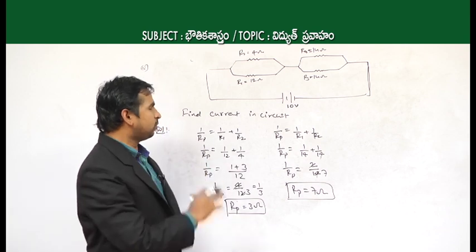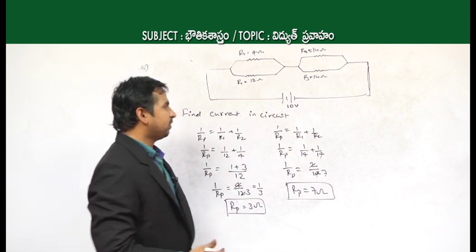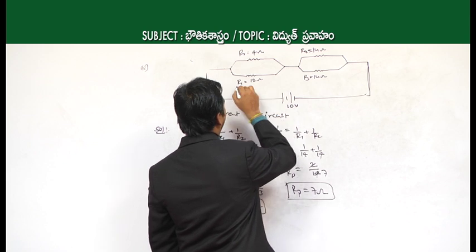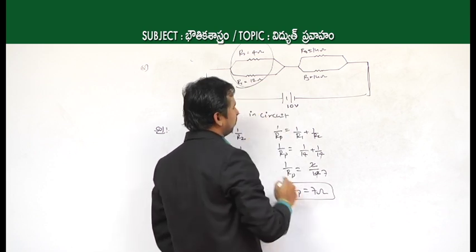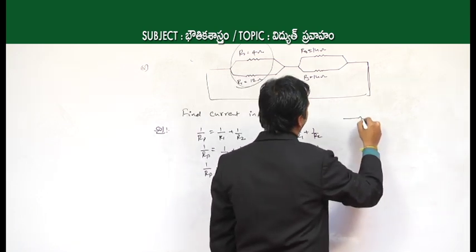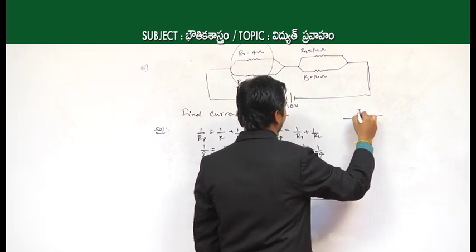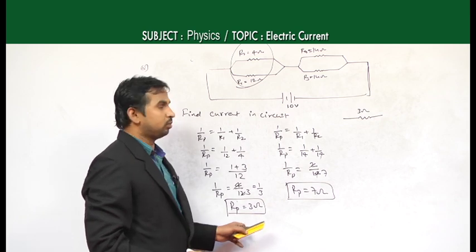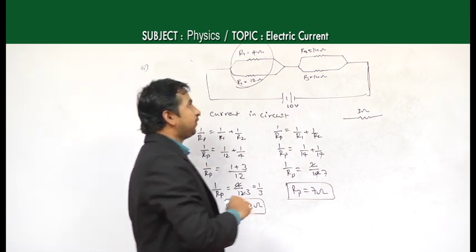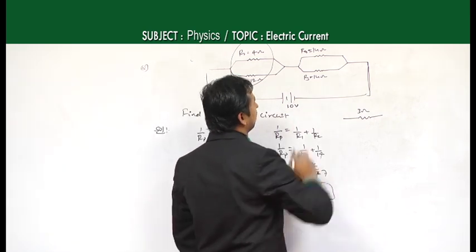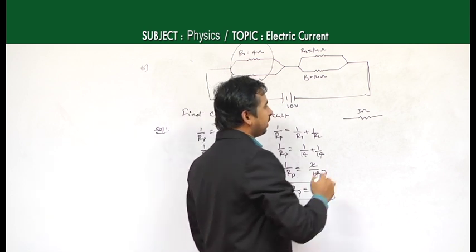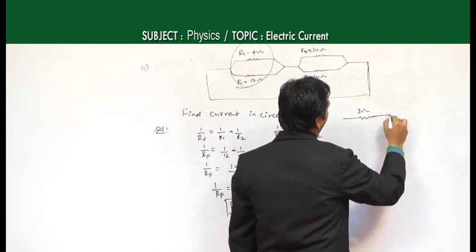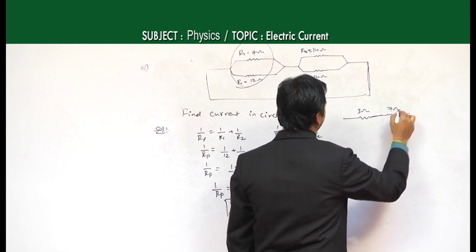So the same circuit diagram can be redrawn by substituting the first pair with a single 3 ohm resistance, because in the first case we got only 3 ohms. In the second case, with R3 and R4 both 14 ohms in parallel, we again get 7 ohms.